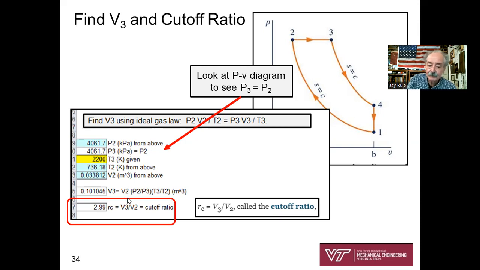We can use the ideal gas law. I did my elegant way, but you could also say P3 V3 equals MRT3 to find V3, 0.101045 cubic meters. So we found V3. The cutoff ratio is 2.99, V3 over V2.